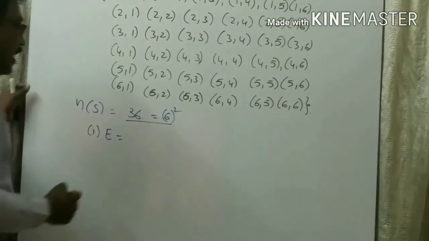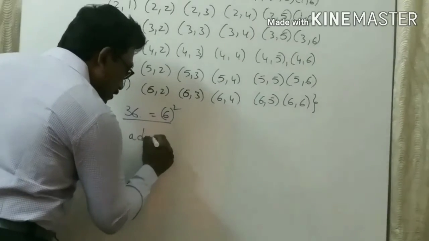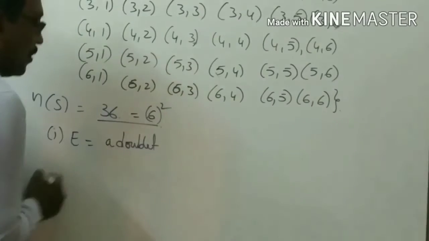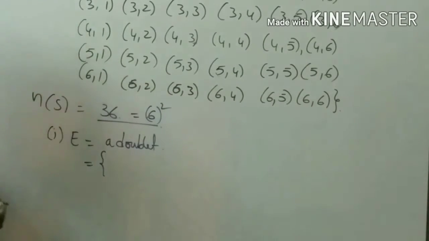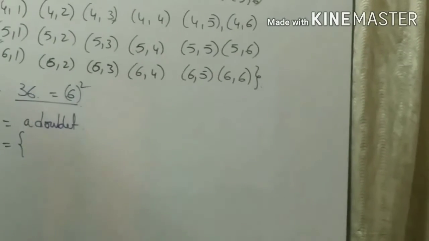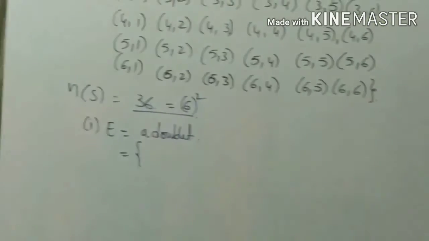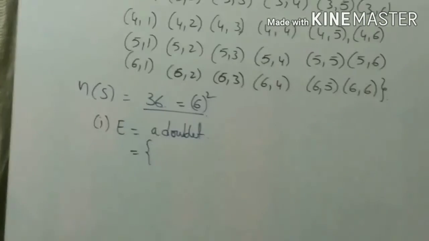That is a doublet. What is meant by doublet? What numbers are you getting? 1,1; 2,2; 3,3; 4,4 and so on.